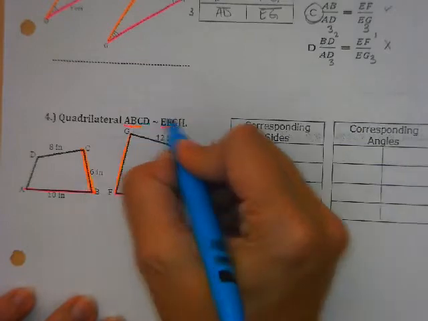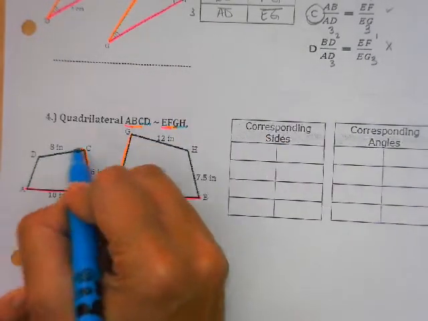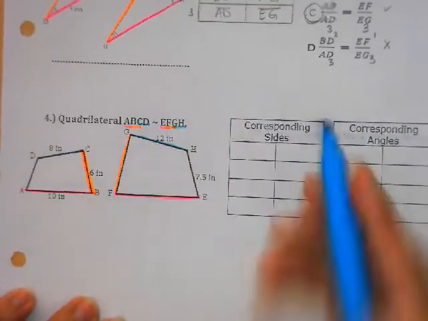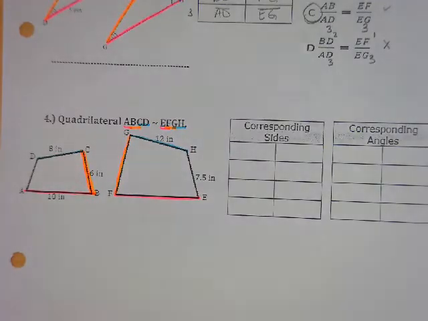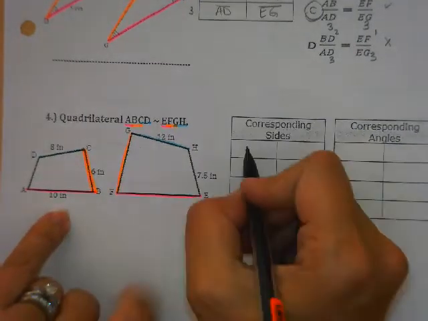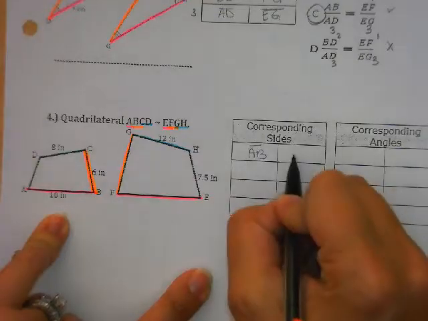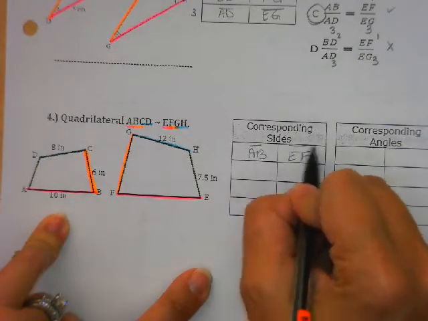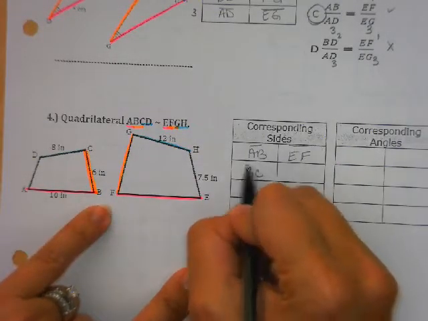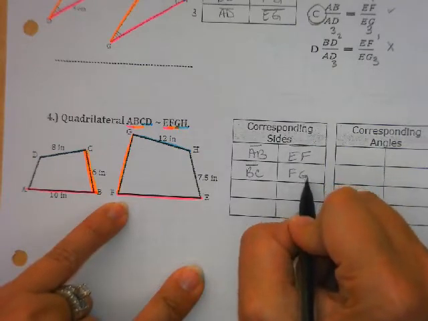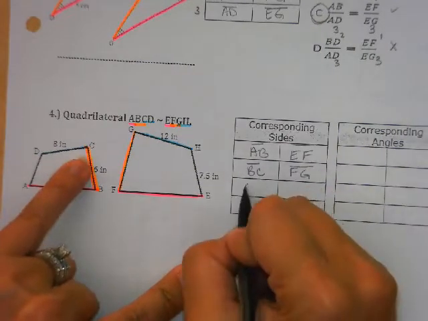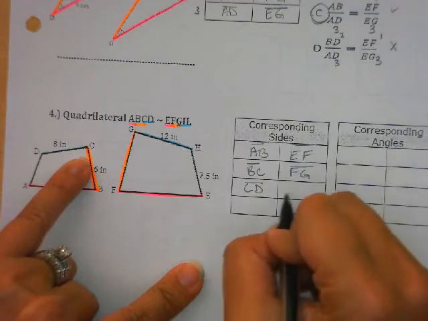We have CD and GH, and then I have my last one. So when I'm going to write these, I can say AB and EF, and say BC and FG. If you color code it, it just makes it a lot easier.